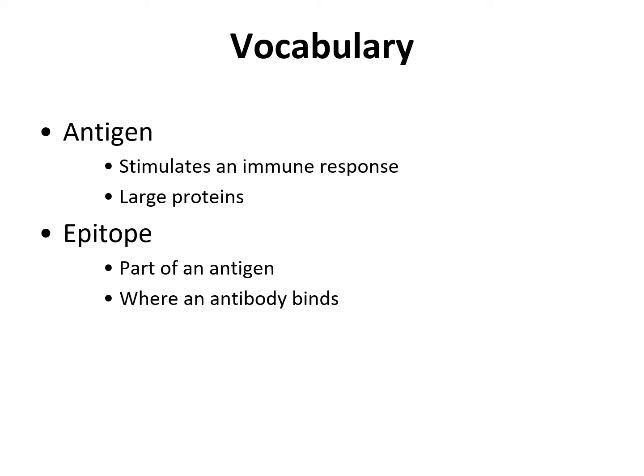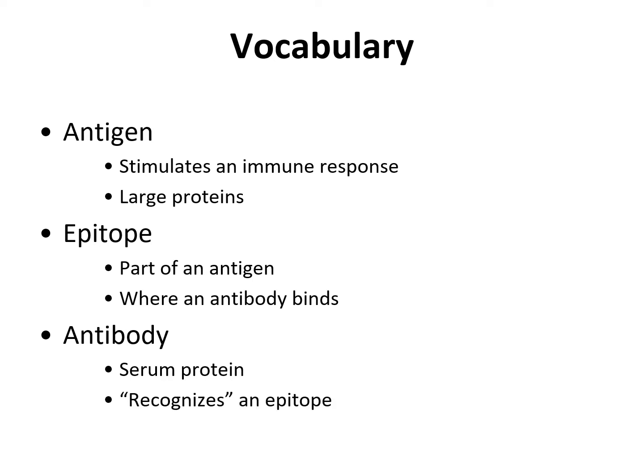The third term you need to know is antibody. And the definition of an antibody is a serum protein. So a protein that is found in the serum of humans, which recognizes an epitope. So when we say recognize, we mean it binds to an epitope. So these are three important terms you need to know: antigen, epitope, and antibody.